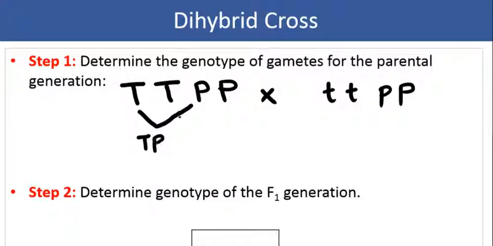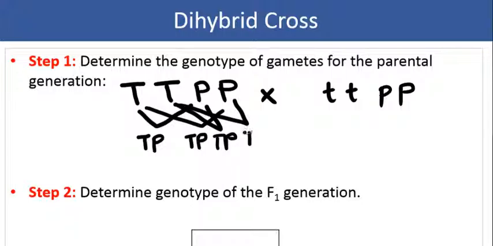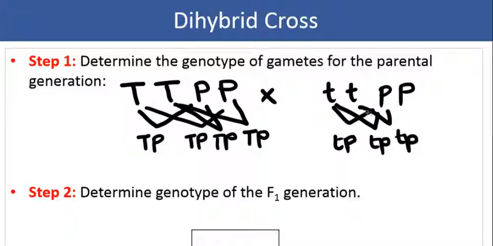As you can see, I'm just writing down all possible combinations. Remember, we're dealing with independent assortment. It happens in the first cross as well, involving the pure breeding parental varieties.